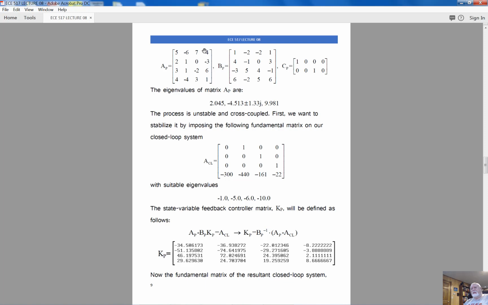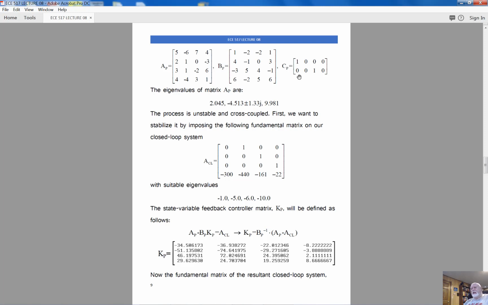This is matrix AP. This is matrix BP, which tells you that we need four control efforts in this system, for this control plant. And this is matrix C, that shows that we have two outputs in our controlled plant.